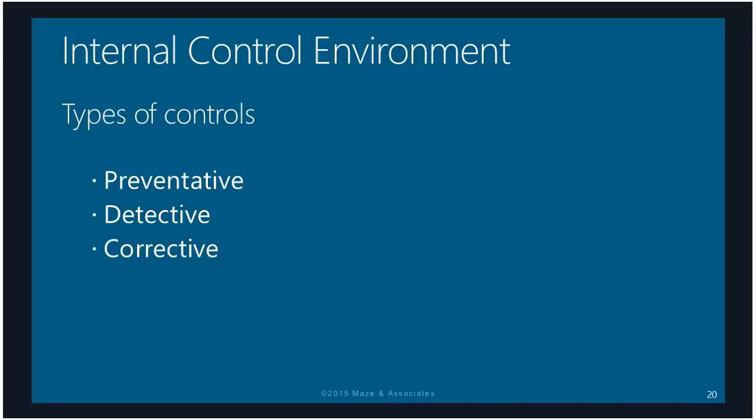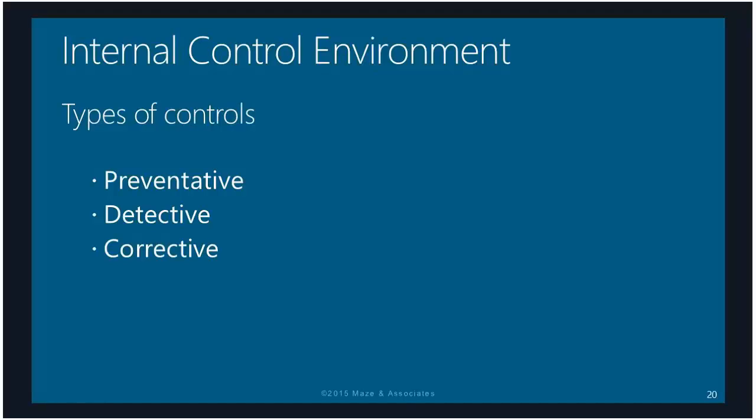And so this would be controls that are in place to identify errors and irregularities in a timely fashion. So this would be making sure that you do have proper review procedures in place, looking at bank reconciliations, exception reports, budget versus actual reports, things of that nature. And then the final control is corrective.